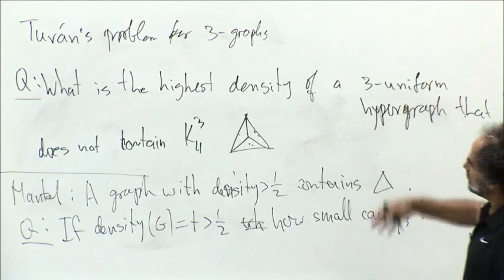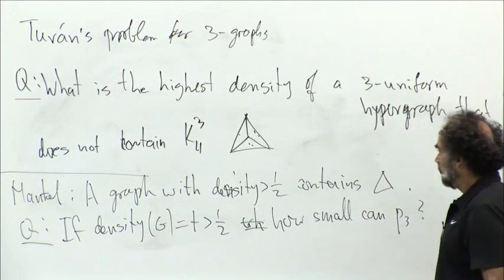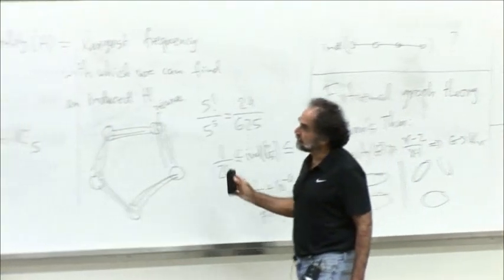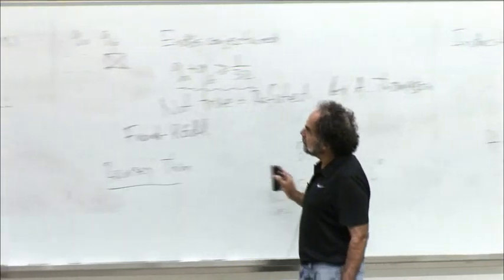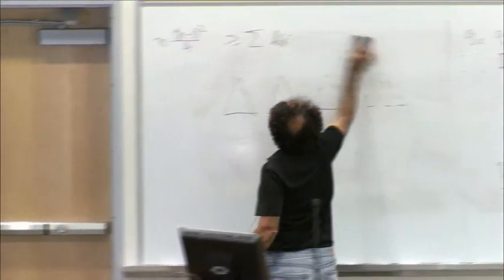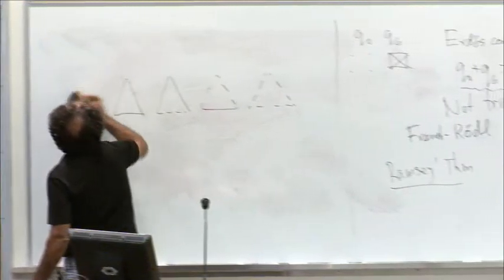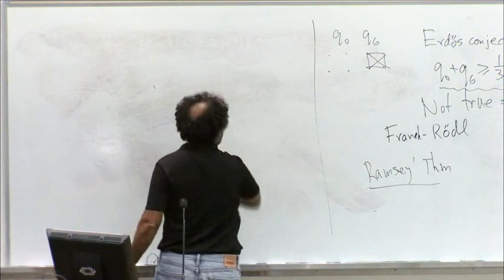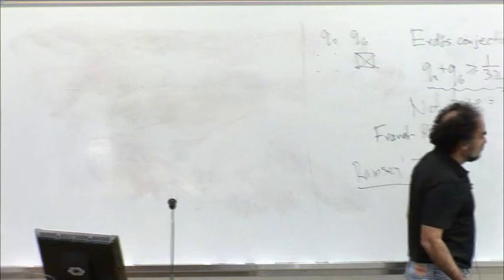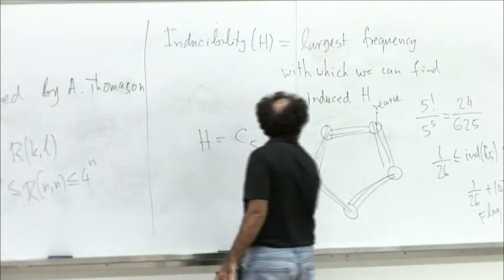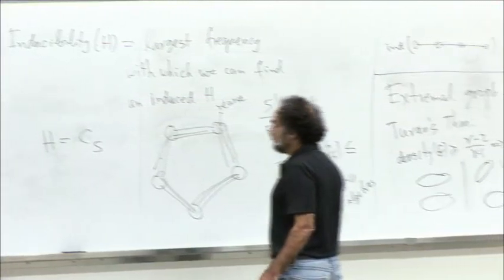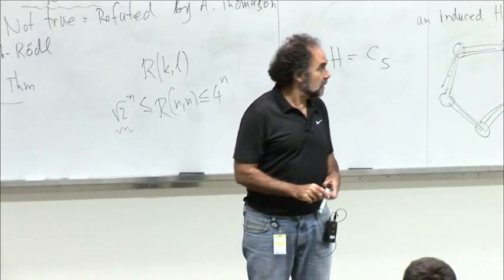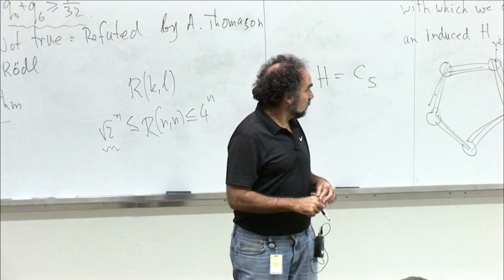So in order to attack these two questions, Razborov invented his theory of flag algebras, which I will not have time to explain to you. Conceptually, it's quite simple, but very powerful. And I already explained a little bit about how you work with it. Eventually, you have to solve some growing semi-definite programs.